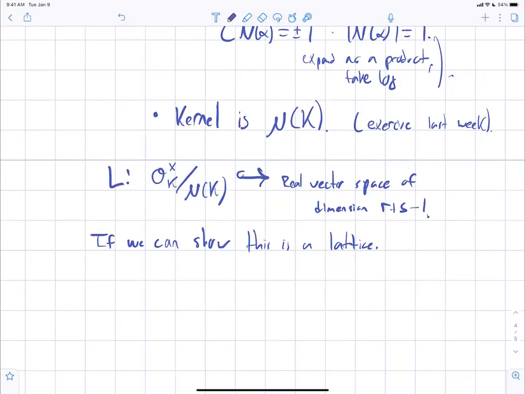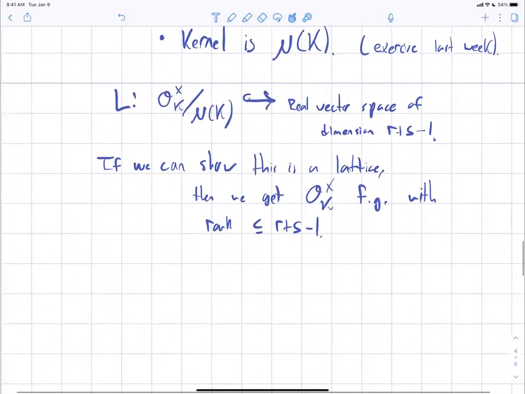So if we can show this is a lattice, then we get that O_K cross is finitely generated with rank at most r plus s minus 1. And then the second part will be to show you have maximal rank. But this is somehow easy because of the characterization I just gave.